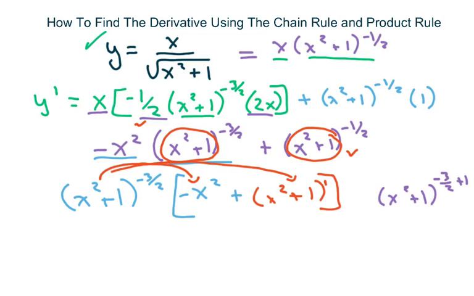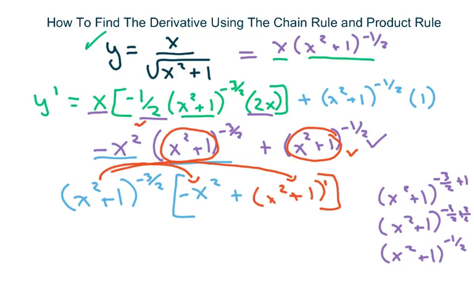So this is really negative 3/2 plus 2/2, which gives you negative 1/2, and which is what we wanted here.